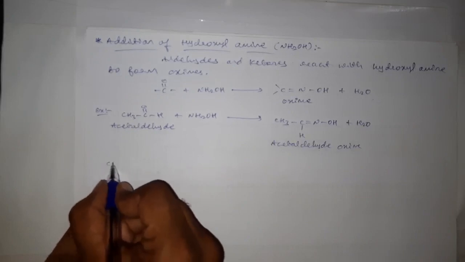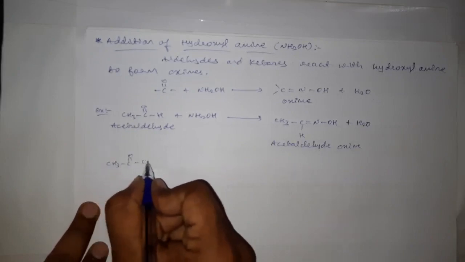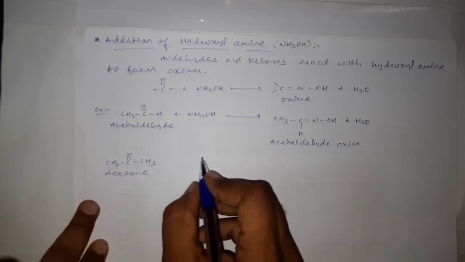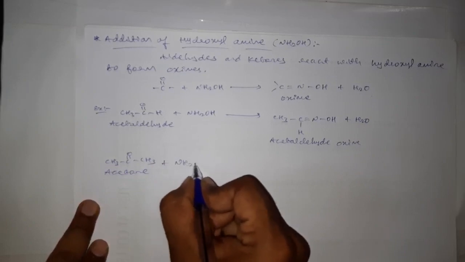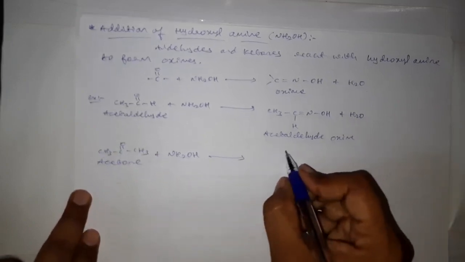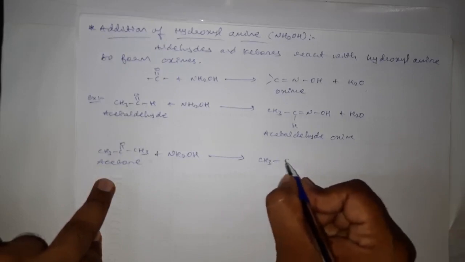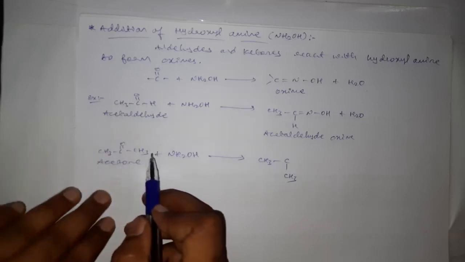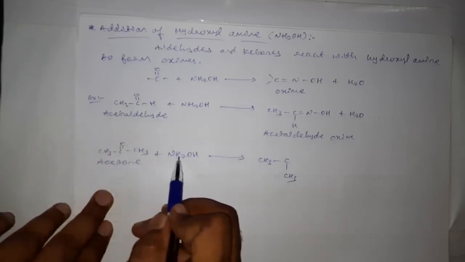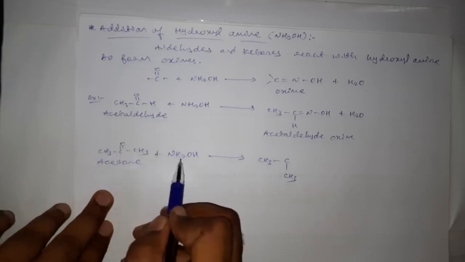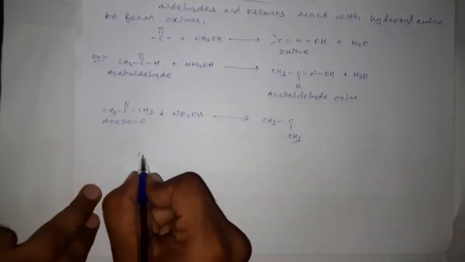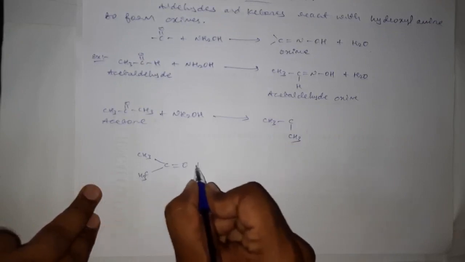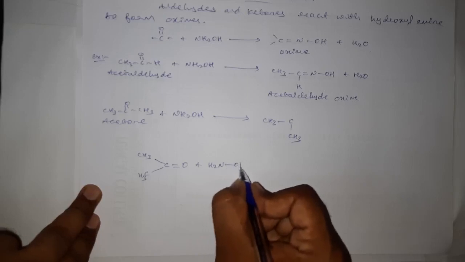Or we can take a ketone, C double bond O with CH3, that is acetone. When it is treated with hydroxylamine, we will get CH3 C CH3. This CH3 C CH3 will remain the same, and this oxygen will go with these two hydrogens. Or we can write CH3 C CH3 double bond O plus H2NOH.